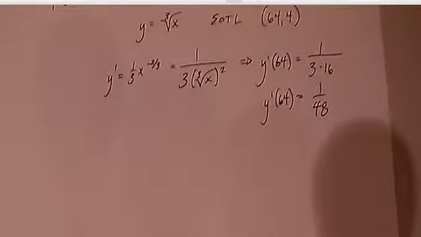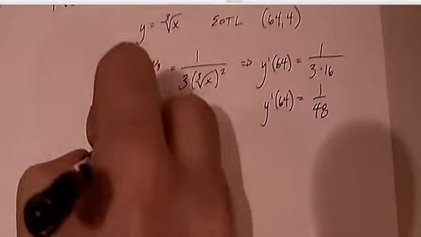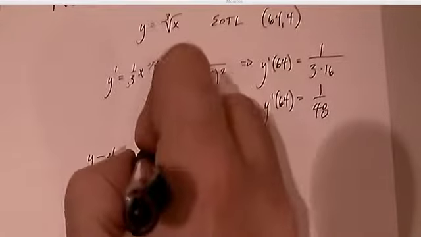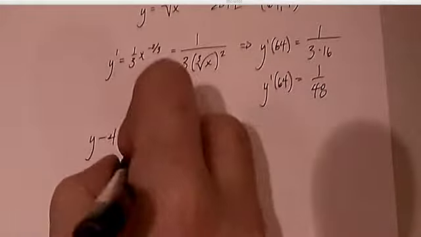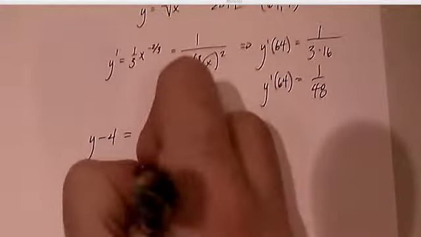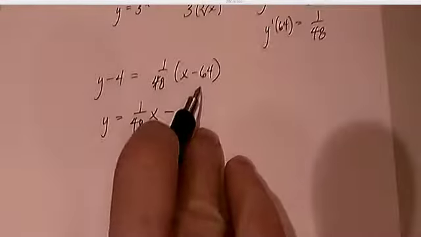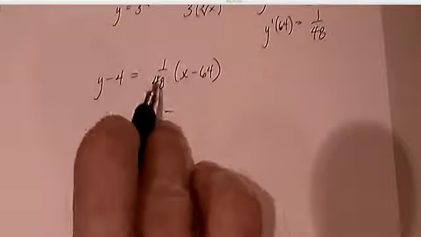Very shallow slope, okay? And so y minus 4 is equal to 1 over 48 times x minus 64, and that gives me y is equal to 1/48 x minus, well, 64 is 4 times 16.